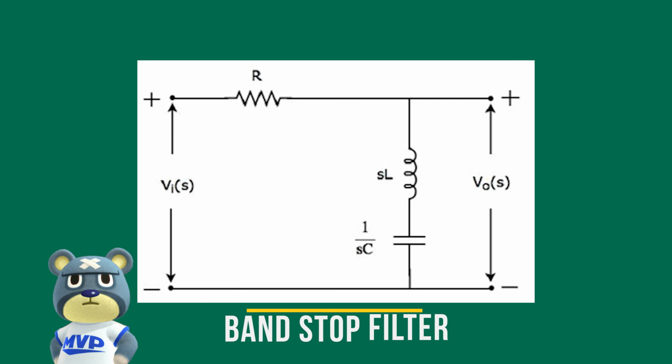And the last one is a band stop filter. The band stop filter blocks signal falling within a certain frequency band set between 2 points while allowing both the lower and higher frequency either side of these frequency bands. You will see in the picture how the stop filter is used.